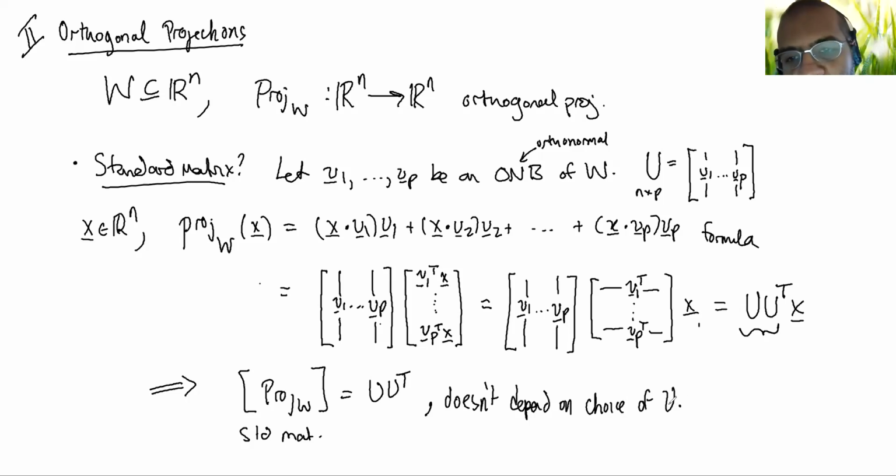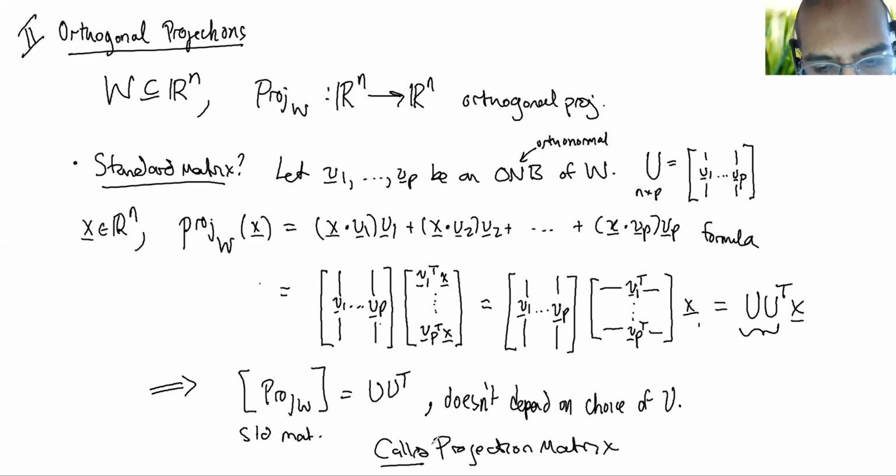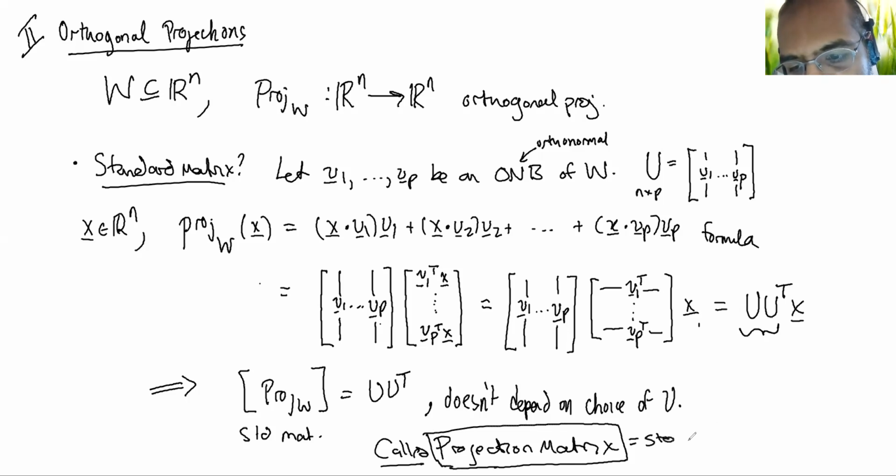U does depend on the choice of the basis U1 through UP, but UU transpose doesn't. It only depends on the subspace, right? The orthogonal projection is well defined without choosing a basis. So this is an important class of matrix, which is called a projection matrix. And projection matrix means a standard matrix of an orthogonal projection.